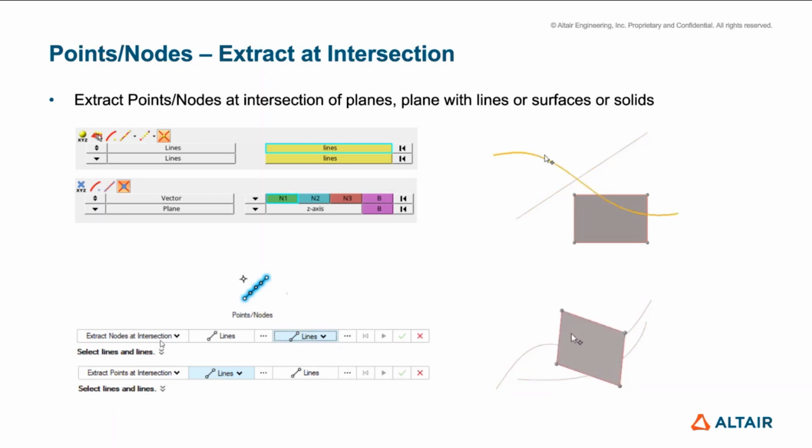So you will see that there is a method added called extract nodes or points at intersection, and these intersections that were supported in the panels have been migrated. So it could be lines versus lines or lines versus points, sorry, lines versus planes or line versus surfaces and so on. I haven't put all the videos, this is just a sample video that I've been showing, but we are supporting all the options here that were supported before.